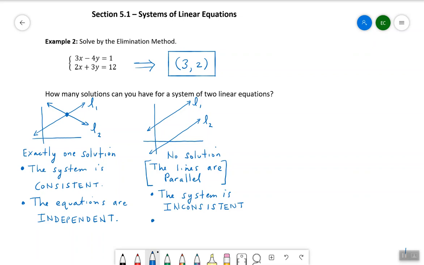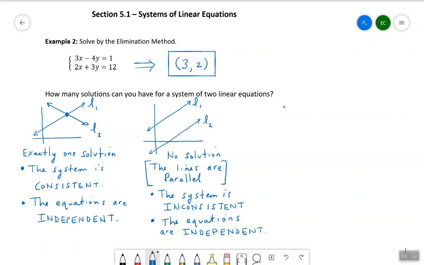Still, the equations are independent. Okay, we haven't seen an example of that yet, but we have one coming.